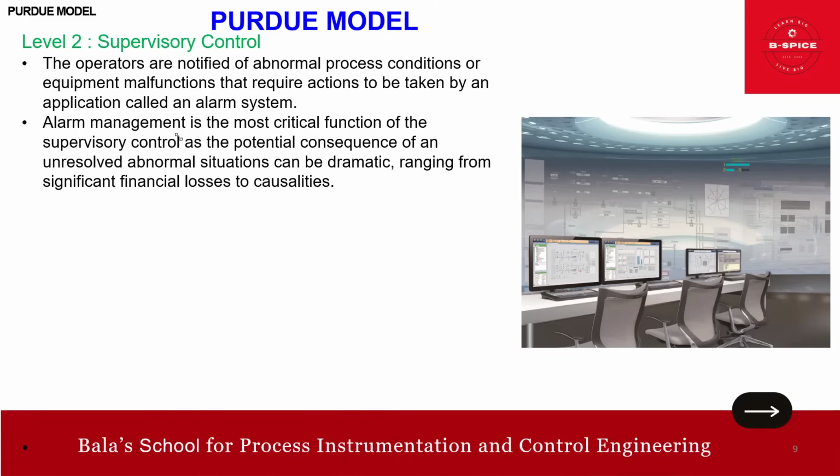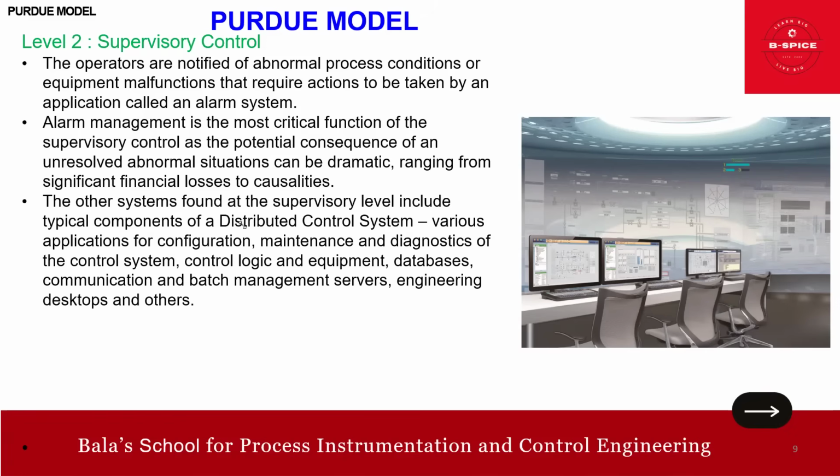So alarm management is the most critical function of the supervisory control, as the potential cause of an unresolved abnormal situation can be dramatic, ranging from significant financial losses to casualties. The other systems found at the supervisory level include typical components of a distributed control system, such as configuration, maintenance and diagnostics, control logic, equipment database, batch management server, engineering desktop, all these.